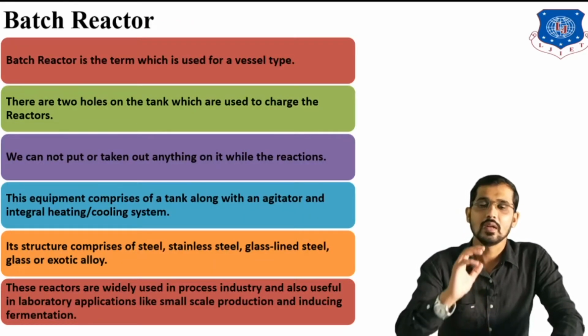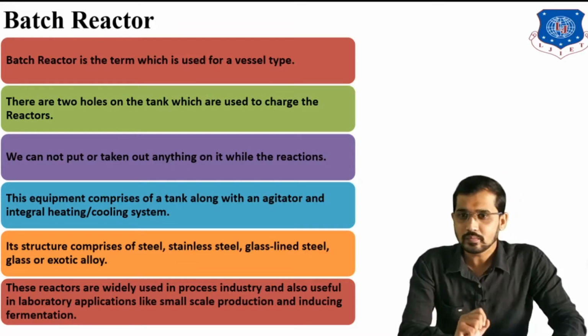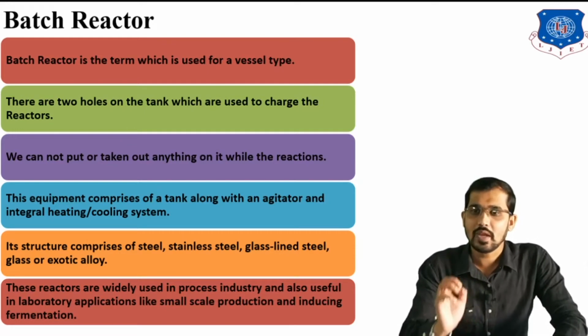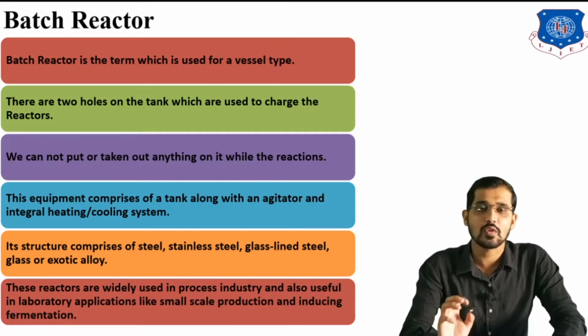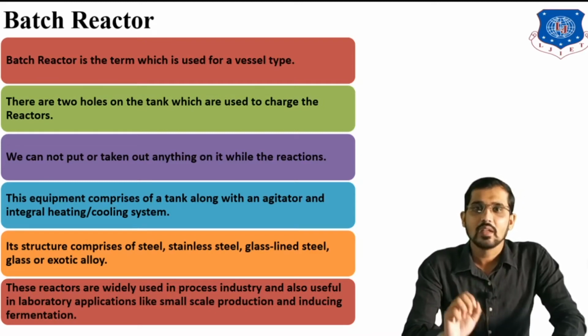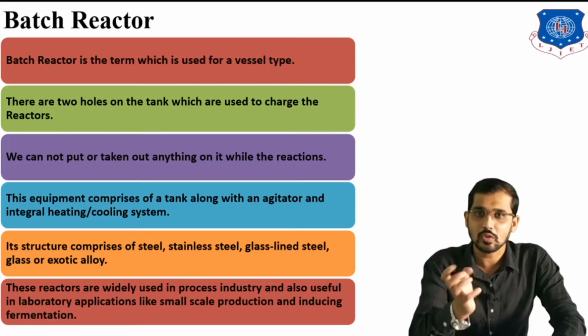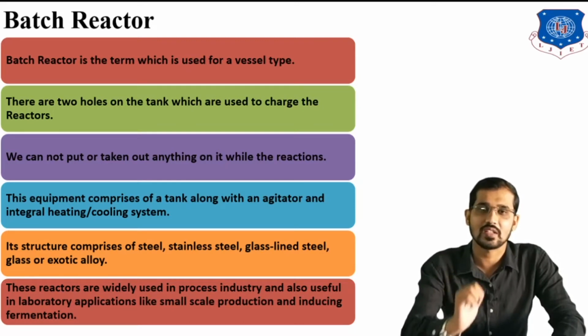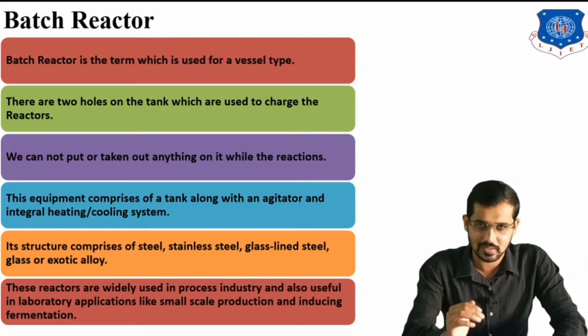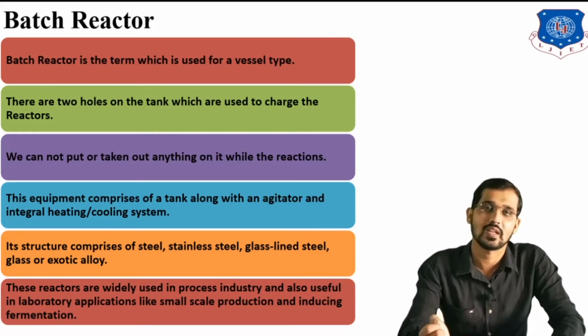Now I will discuss with you the important points of the batch reactor. You can see on the screen. First point is that batch reactor is the term used for a vessel type. This batch reactor is nothing but one type of vessel. Secondly, there are two holes on the top side of the tank which are used to charge the reactor, meaning for feeding purposes. Whatever reactants we are going to feed into the reactor, we feed from those holes available on the top surface of the reactor.